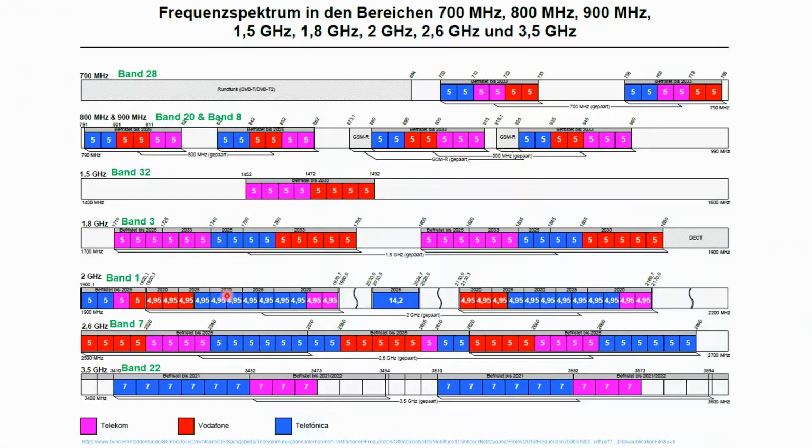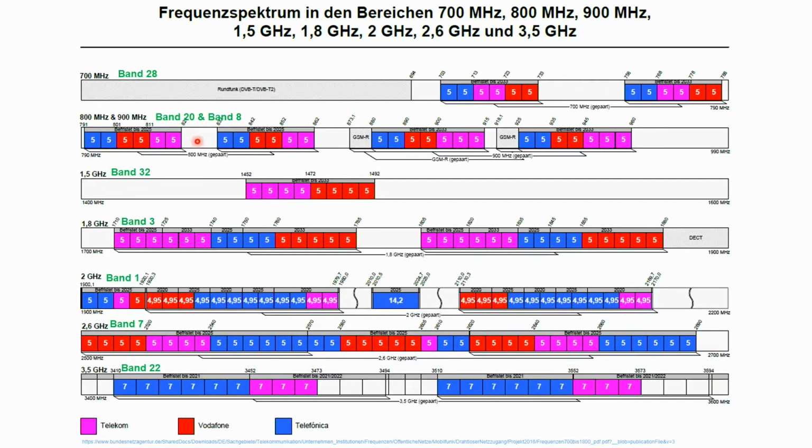We have even more frequency ranges, of course. You can find them at the Bundesnetzagentur's website. The future frequencies for 5G cannot yet be found there, but all currently valid frequencies. These are quite a lot. 700 megahertz, 800 megahertz.